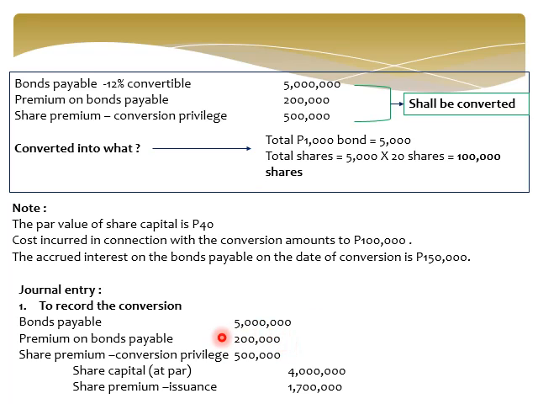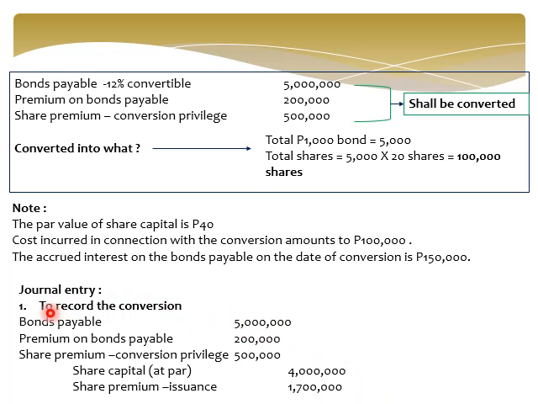Debit share premium conversion privilege of 500,000. I-convert into what? Into shares. Meron tayong shares at par value daw na 40. So, 100,000 shares times par value of 40, we have share capital of 4 million. Any excess, yun yung share premium issuance of 1.7 million.